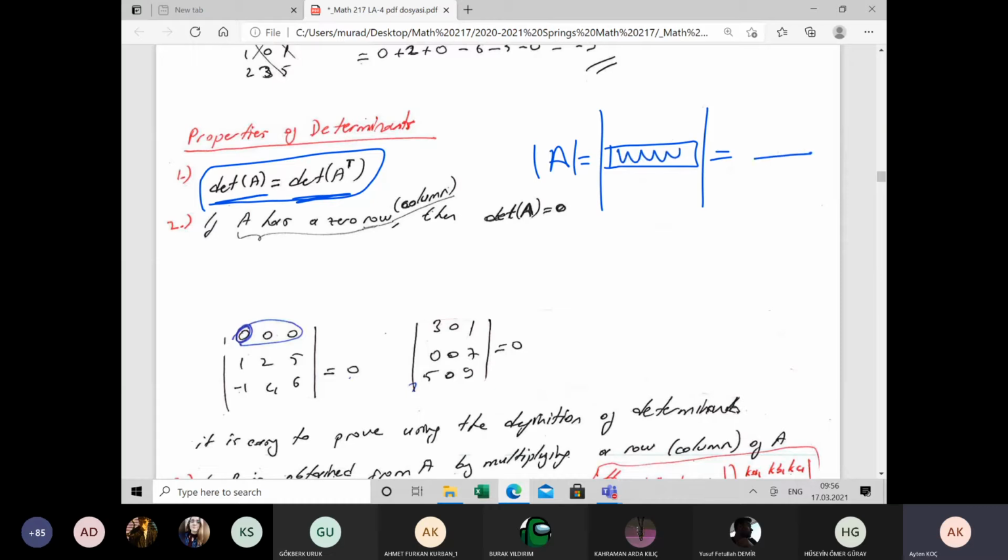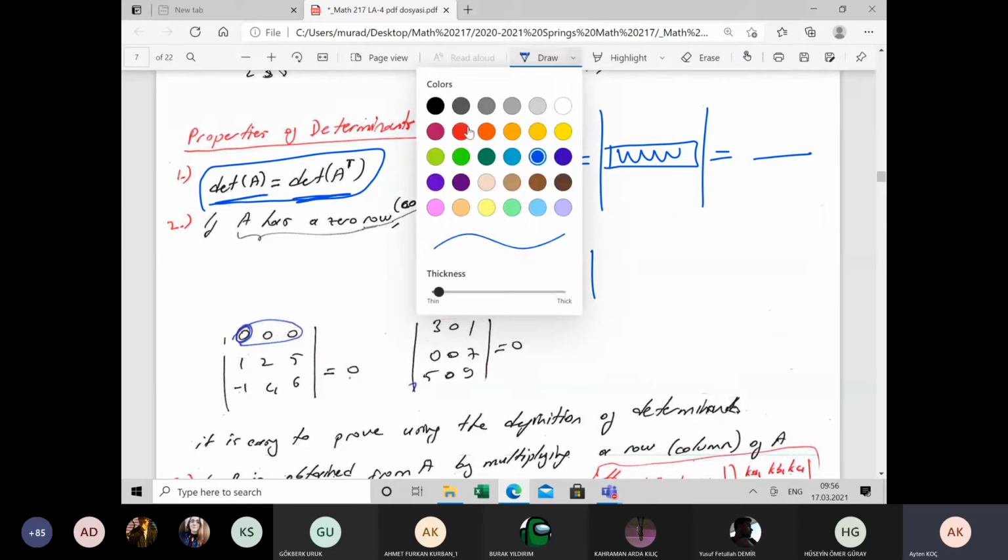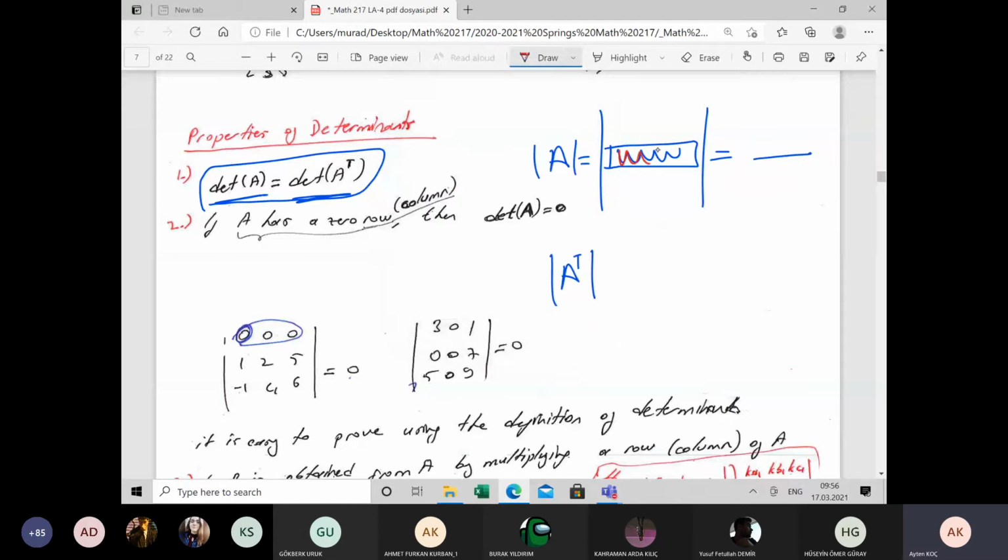But what's the transpose of A? Transpose of A means interchange row and column. So look at this column, this row. For example, this one is row I and this one is column I, the same, because transpose interchanges row and column. It's okay?